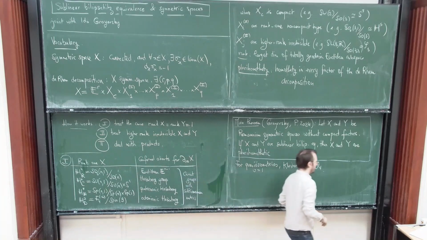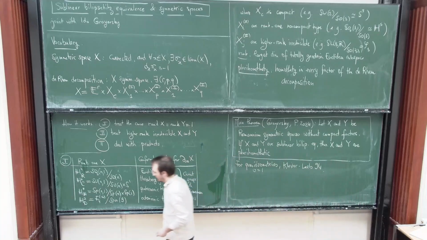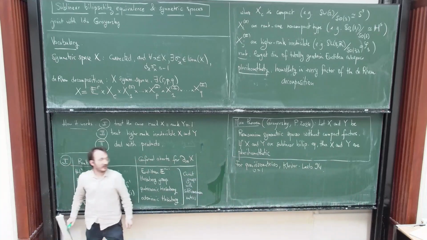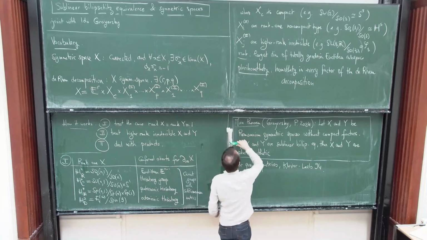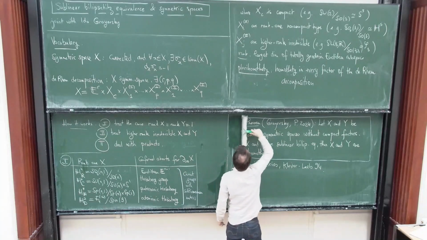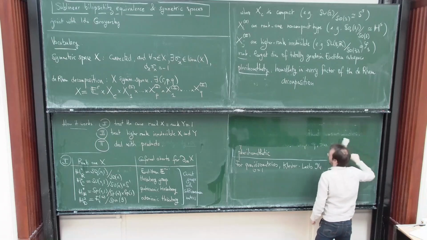And now I put the theorem from 2020, which says what happens when there is a sublinear bilipschitz equivalence between such spaces.